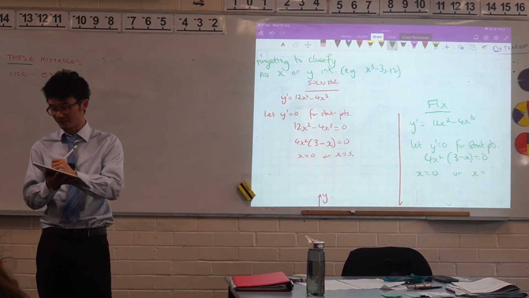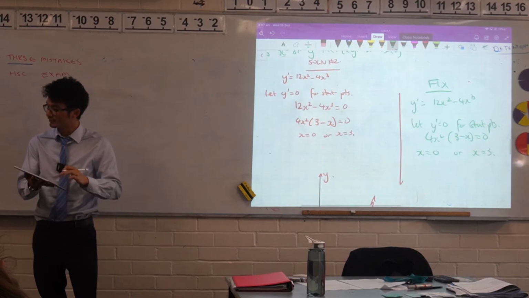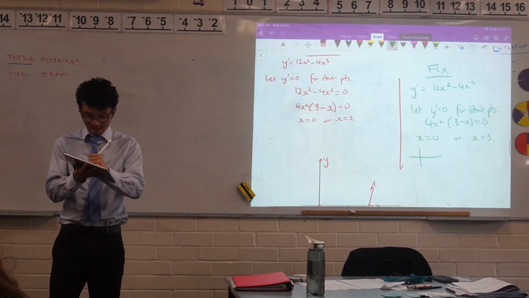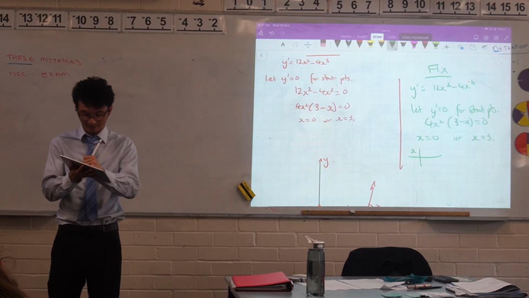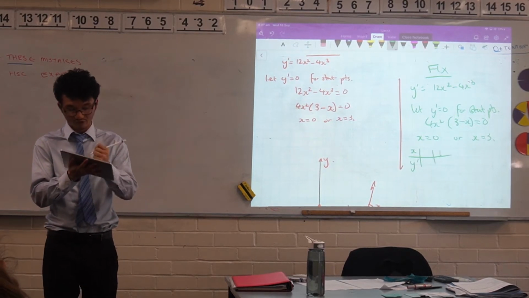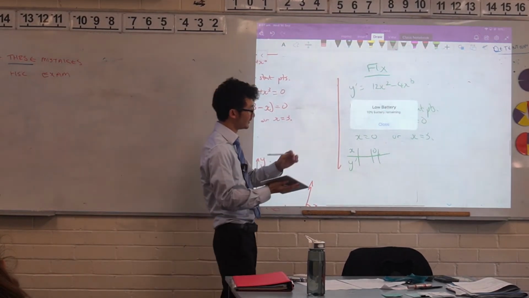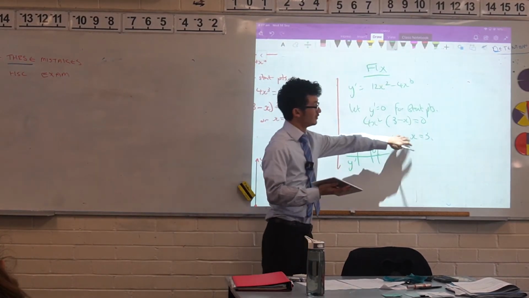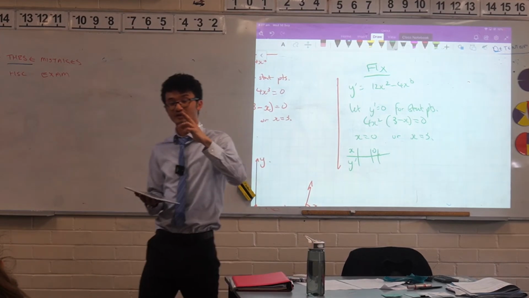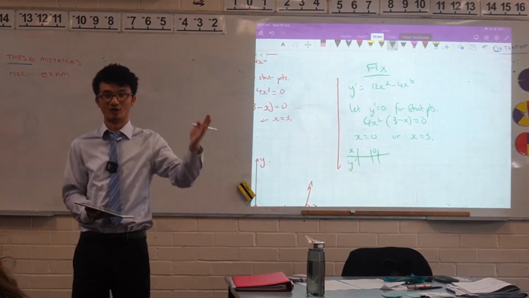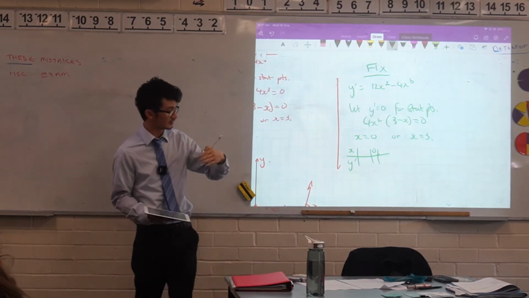Now when you classify, James, which one did you use? Did you use a table? Yeah, sure, that's fine. With a table, you just want to be careful of 2 things actually. If the 2 stationary points are very close together, make sure you're not testing across over them, because otherwise you'll run into issues.